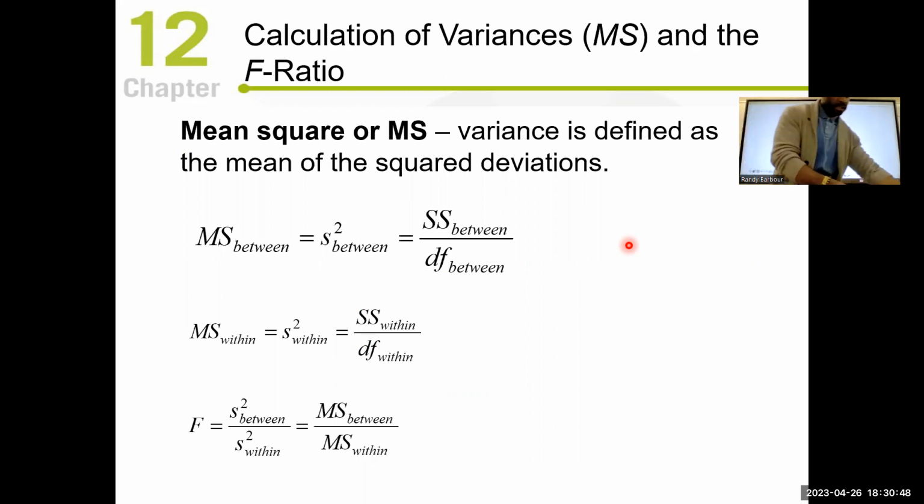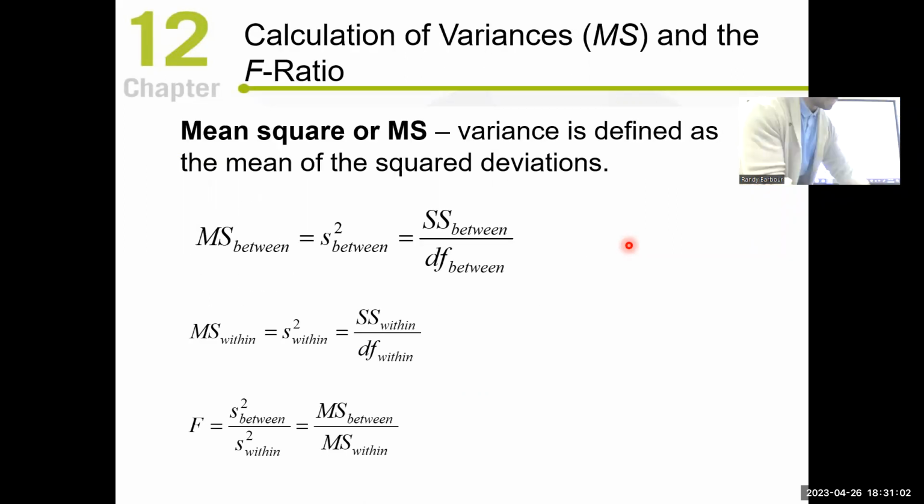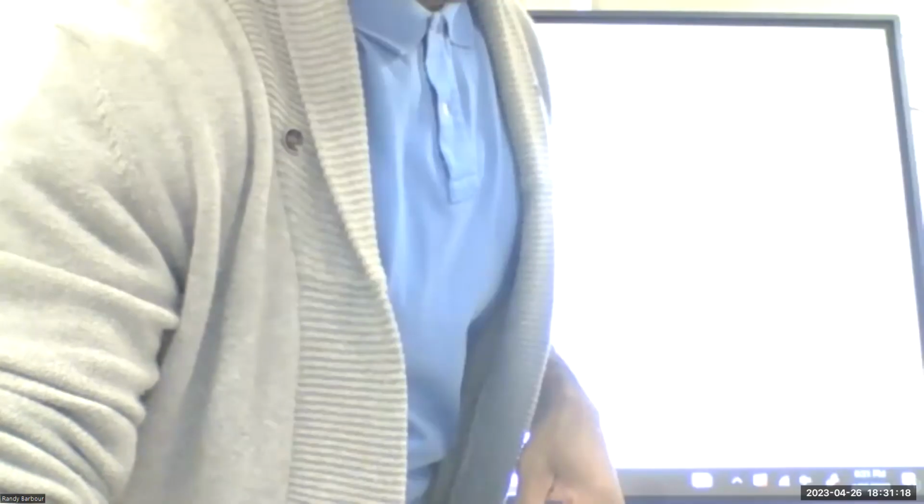I want to show you what this looks like with a source table. The source table is how we keep things really organized when we're doing our calculation. So let me do this for us real quick, and then we'll move forward, okay?